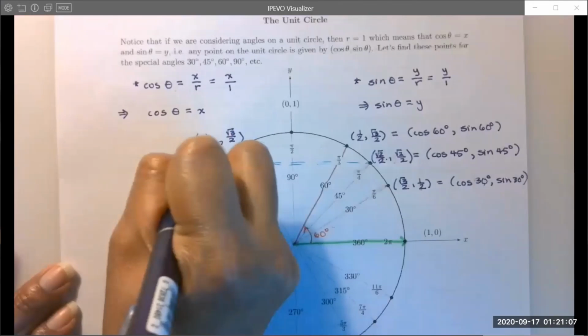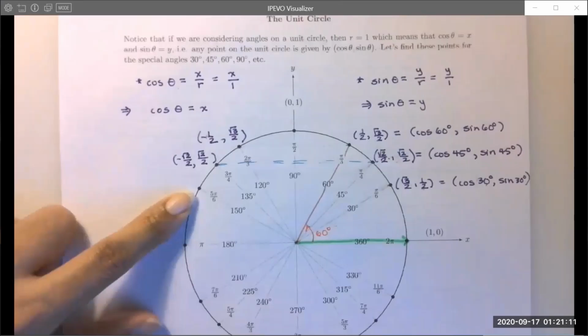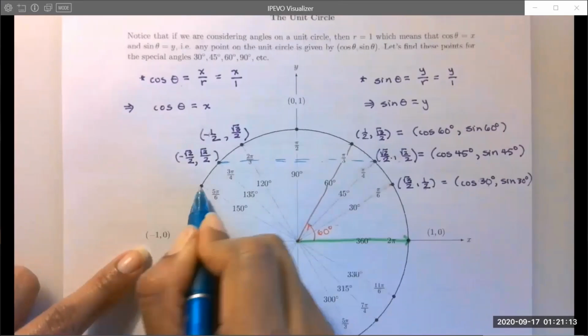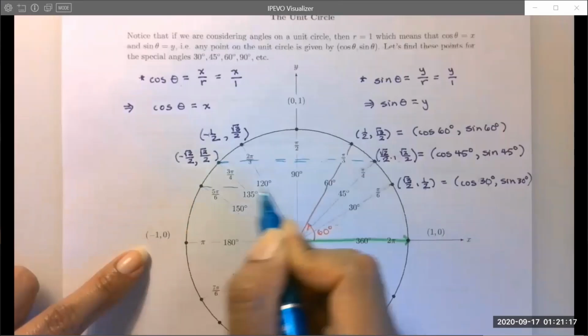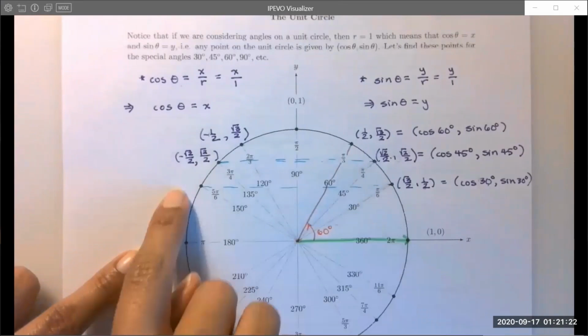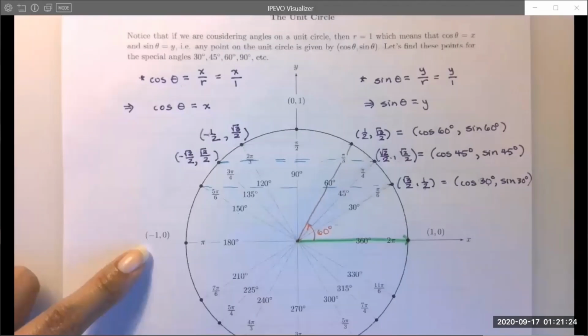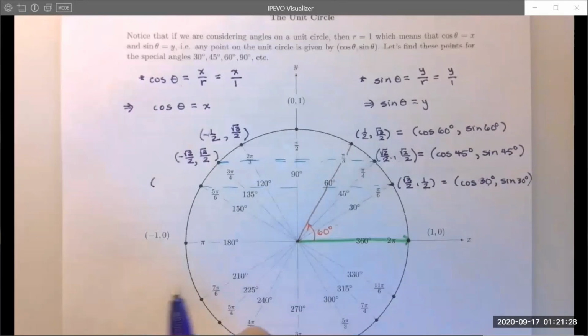Excellent. And one more point that we have here in the second quadrant. The point at 150 is reflecting the point at 30. So what coordinates does this point have? Well, not exactly 2 over 1, because we still maintain the same height.